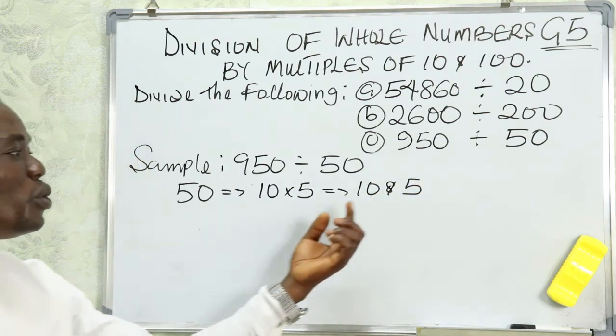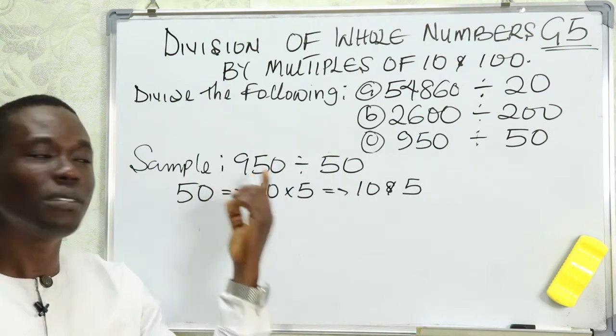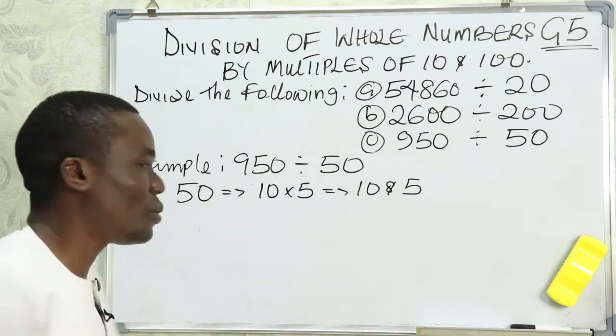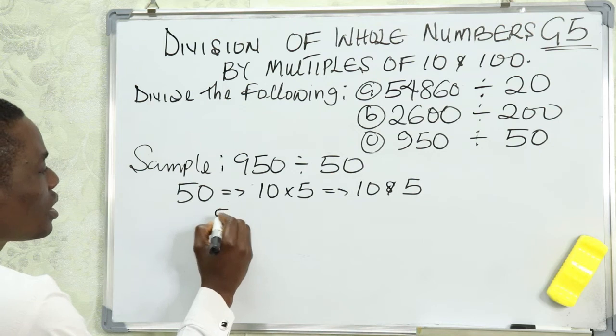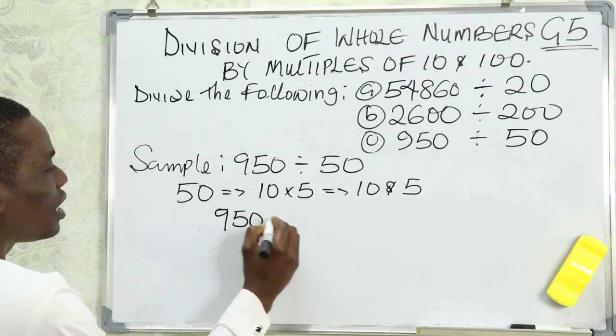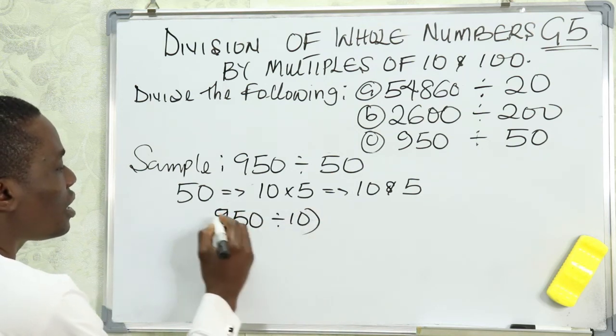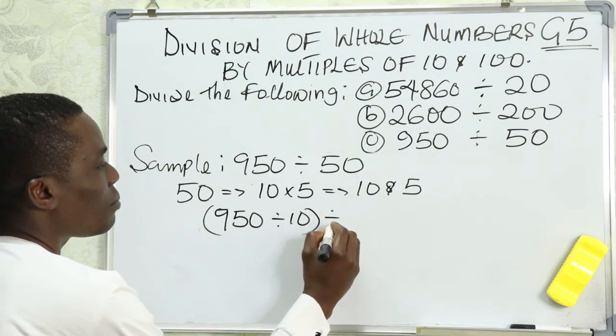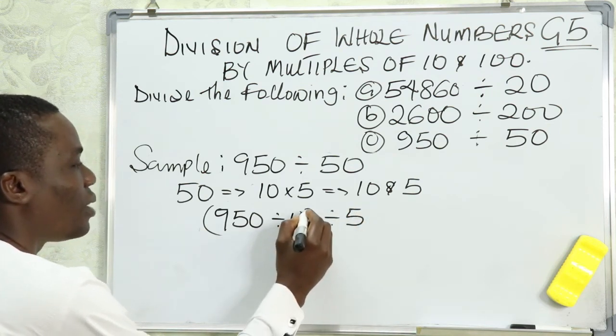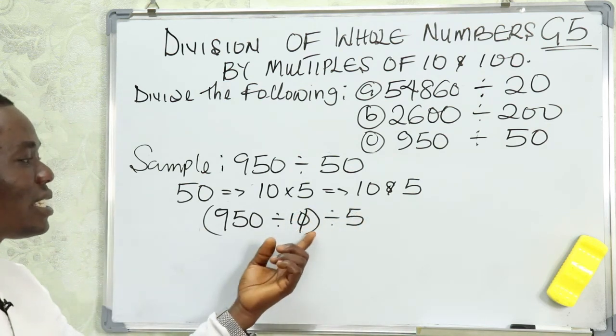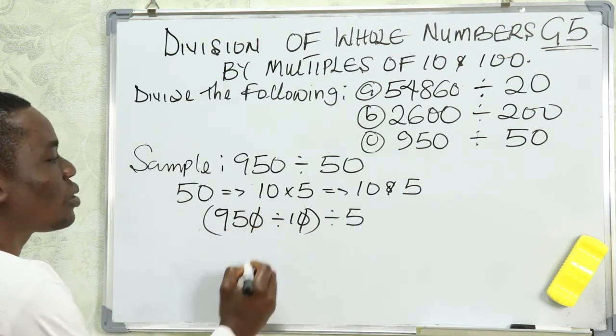So we divide this dividend by the factors. Now we'll have 950 divided by 10, and then divided by 5. By standard, this zero will cancel this zero.